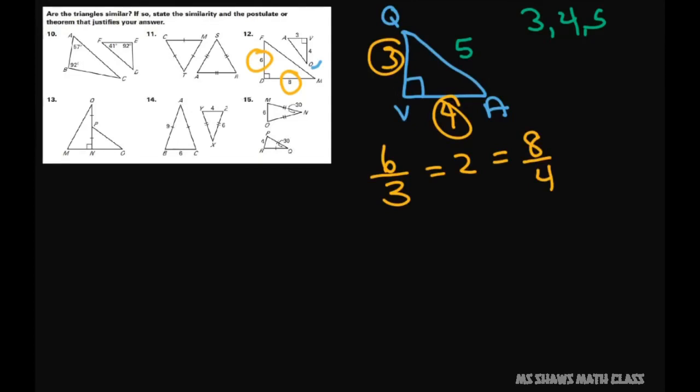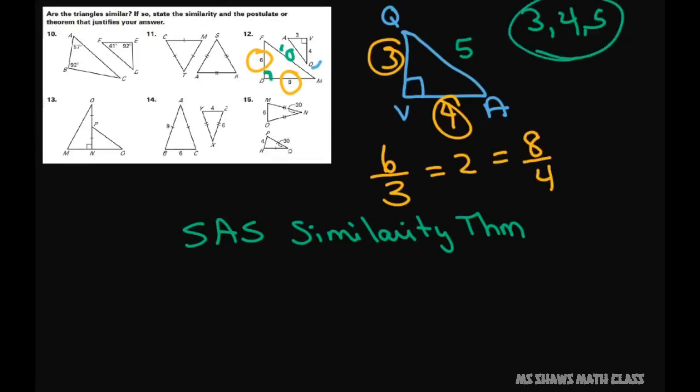So therefore, this length here would be 10. So these two triangles are similar, and it's by side, angle, side similarity theorem. And that's because of the right angle here. So we didn't have to do the triples here. We could have just used the side, angle, side.